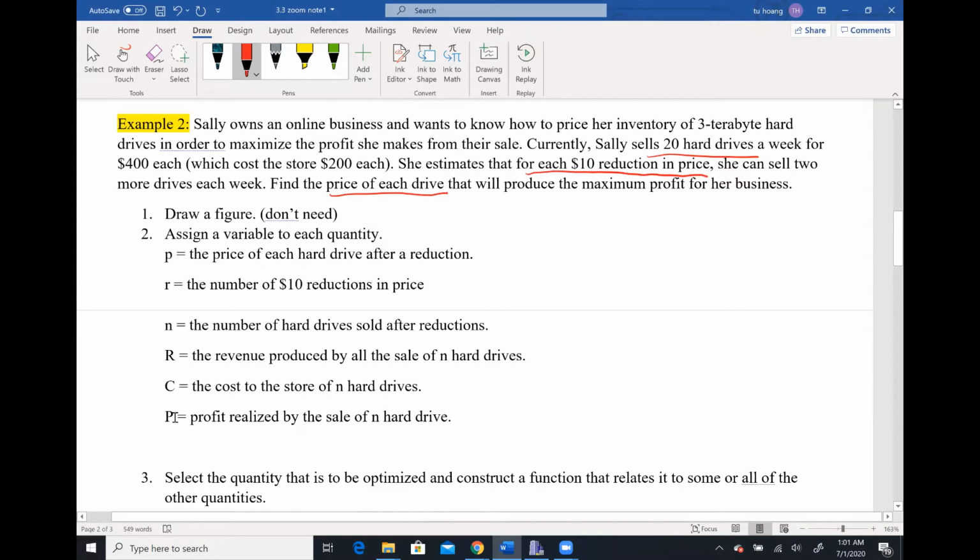Remember that this capital P is different from the small p: capital P is profit and the small p here is price. So now I have finished step 2, which is to assign a variable to each quantity. All of these quantities are things that are changing, so I have to assign all of them.